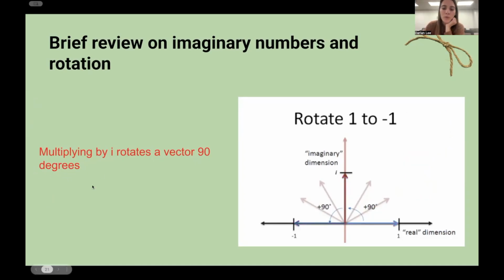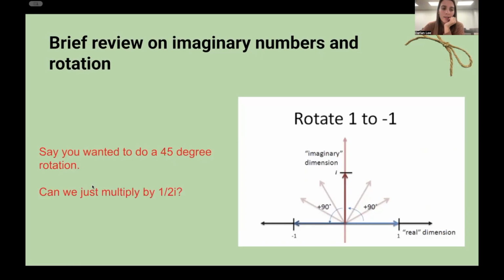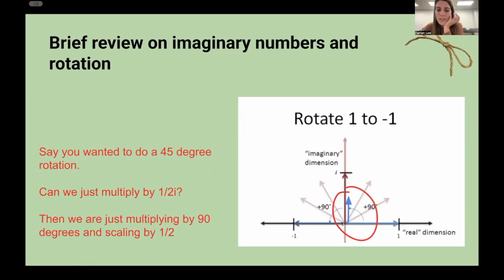So what if we want to rotate by like a 45-degree angle? Well, you might think that since multiplying by i rotates 90 degrees, we can just rotate by 1/2 i. However, what's actually going to happen when we do that is we're going to multiply by 1/2, which is going to just scale the vector down.